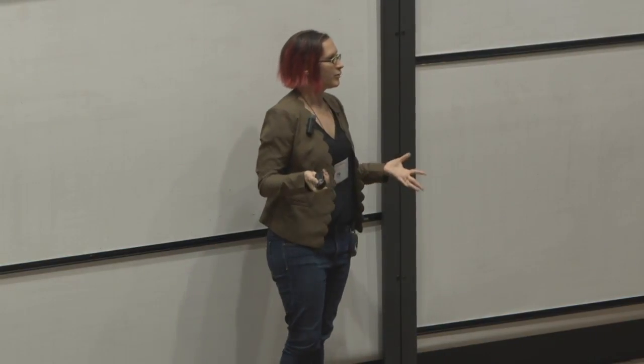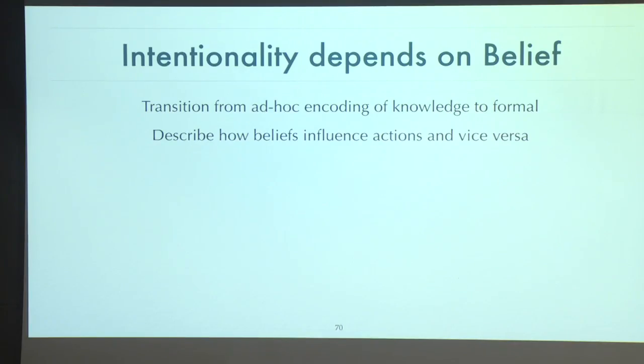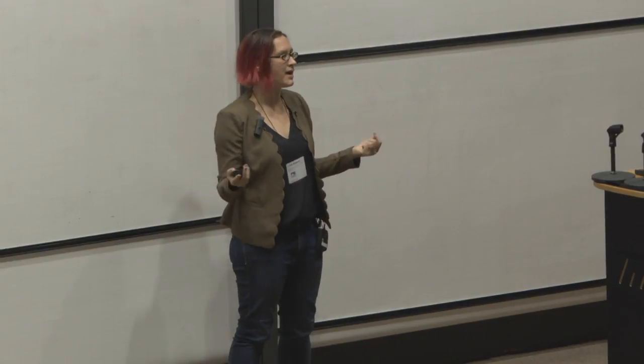So how can we apply this kind of intentional reasoning to search? Well, the core observation here is that intentionality depends critically on belief. So we need a way of encoding knowledge in a more formal way so we can encode it in our specification. And we'd also like to be able to describe in a fully general way how beliefs might influence actions and vice versa.